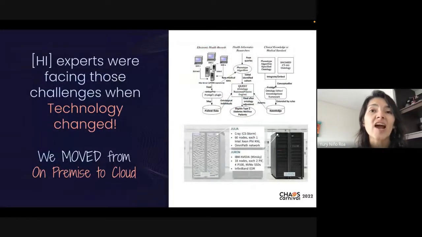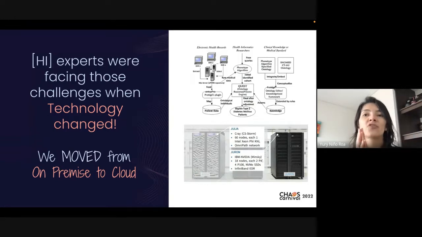So Richard and many experts made great advances facing those challenges with the support of the available technology. Although I am talking about 2016 and the public cloud was on the table, as you know, the healthcare solutions were deployed on premise. Here is a photo of the big servers used by the Human Brain Project, the same in which Richard participated.